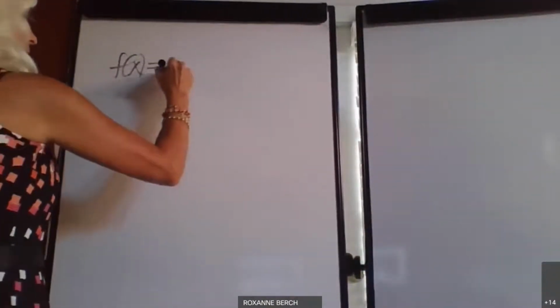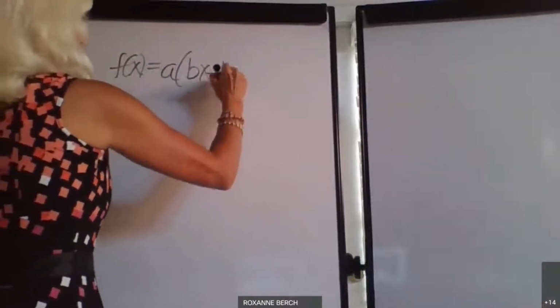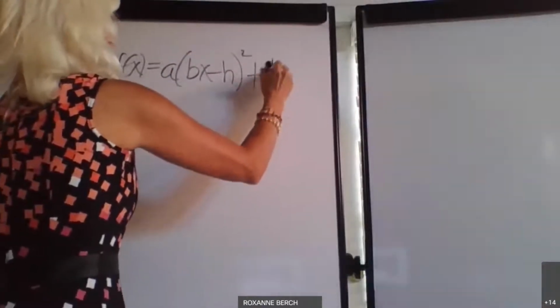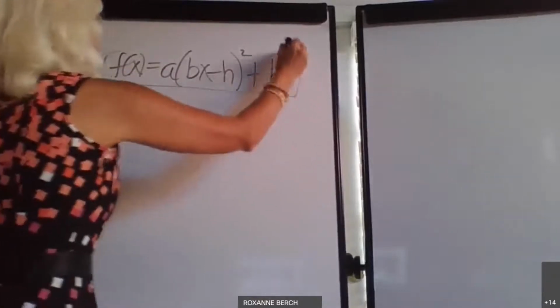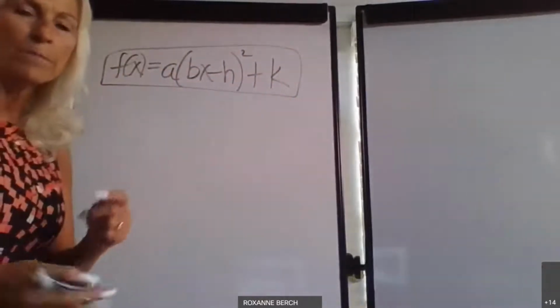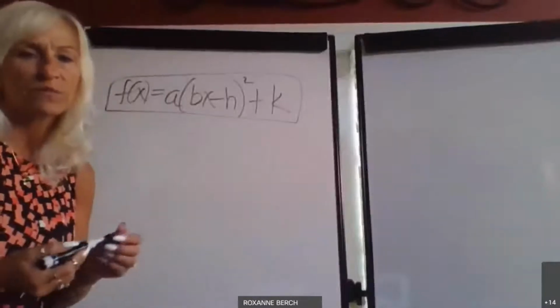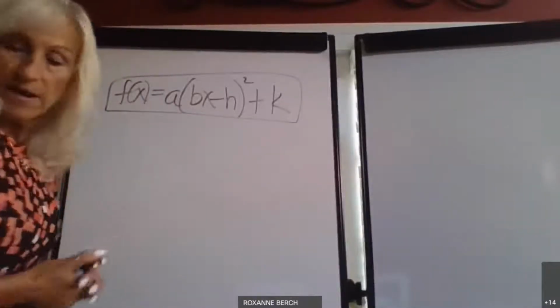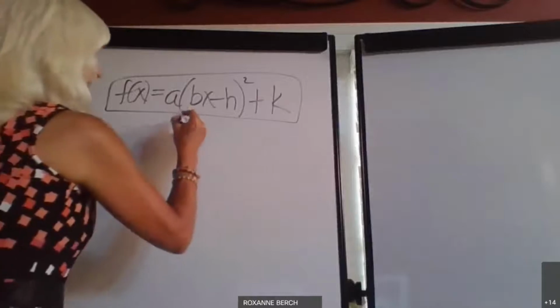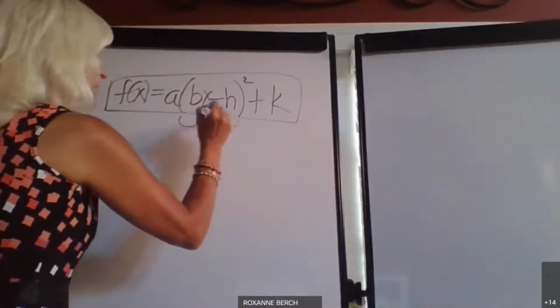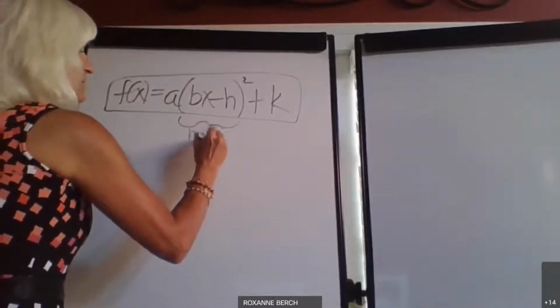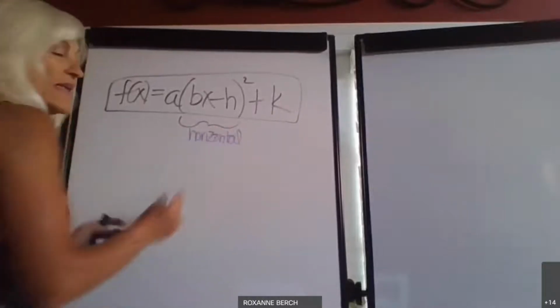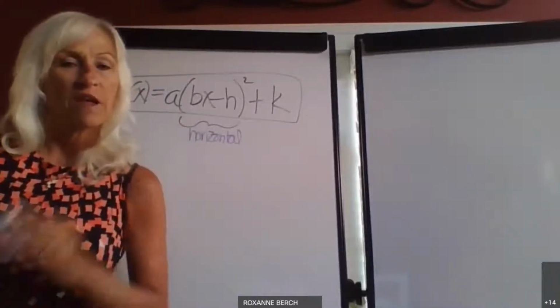Those are translations. So I want to show you something. Watch this. That is the form of the quadratic. Everything in here is horizontal. Even the reflection. Watch my arm.